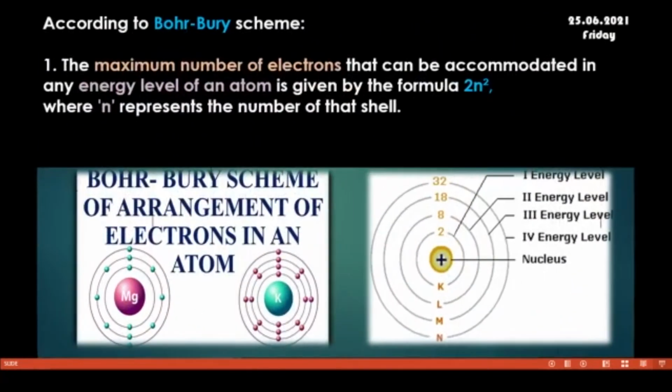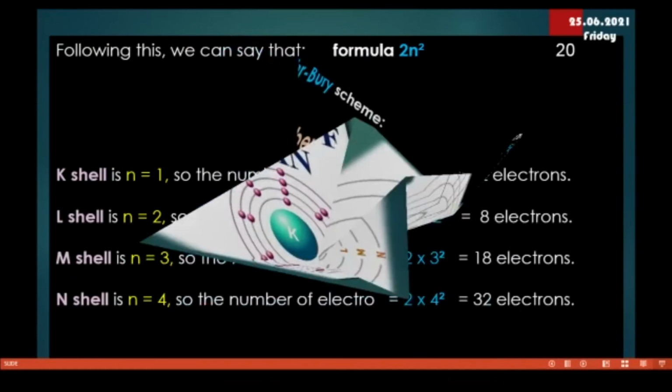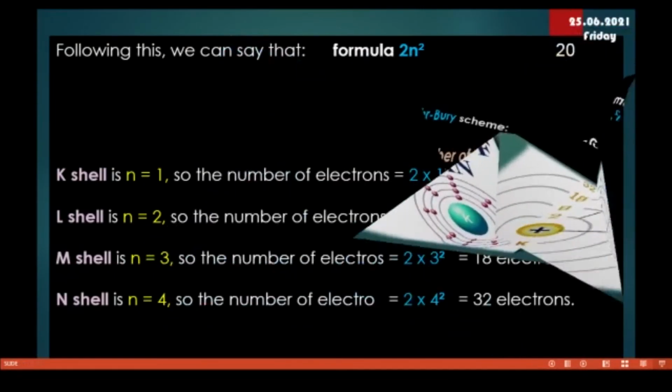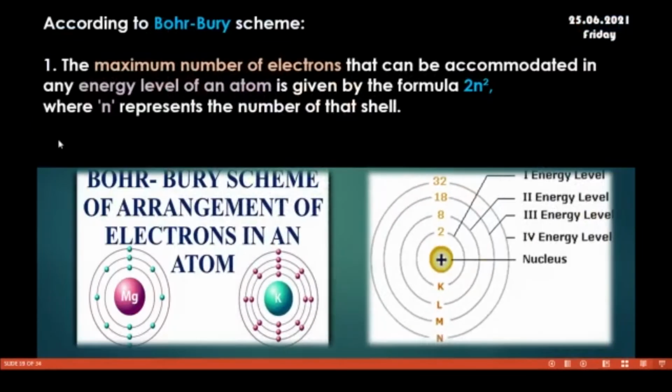According to the Bohr and Bury scheme, the maximum number of electrons that can be accommodated in any energy level of an atom is given by the formula 2n square, for each and every energy level, where n represents the number of that shell.